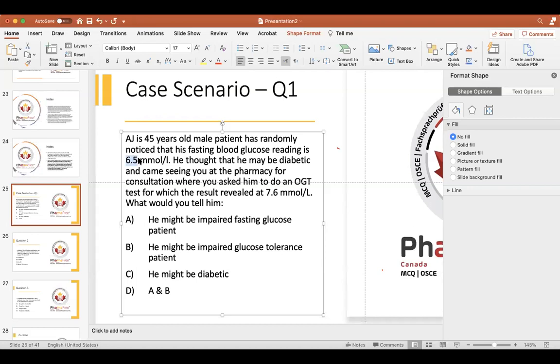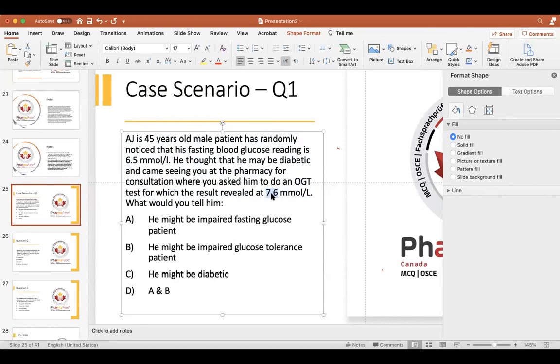So this patient could be IFG, but let's check the OGTT as well. What about the OGTT? It's 7.6. We can say this patient has impaired glucose tolerance when the reading is between, as Rima said, 7.8 to 11.